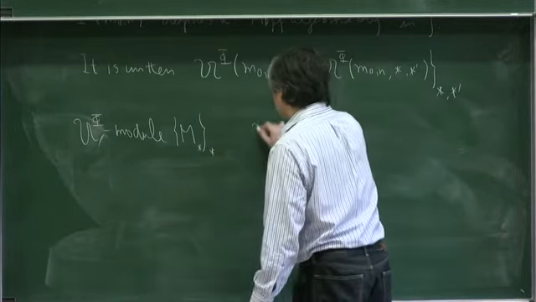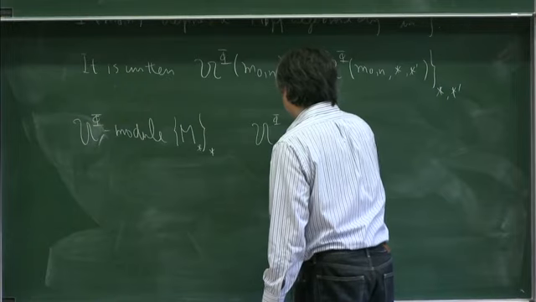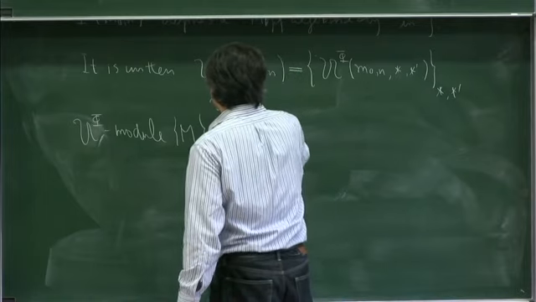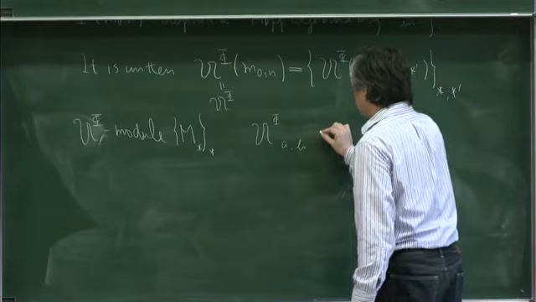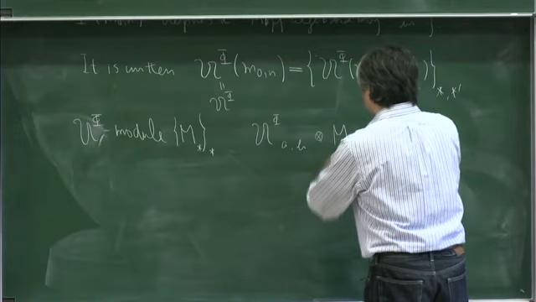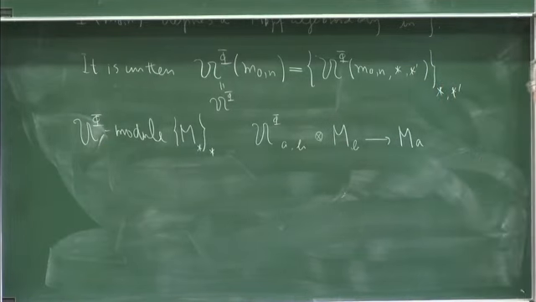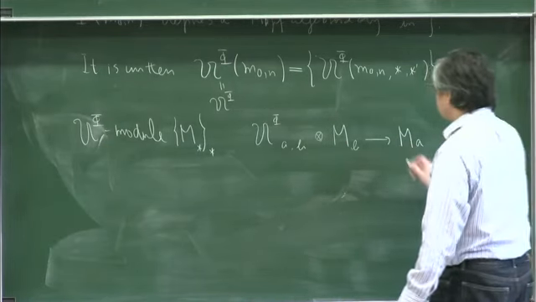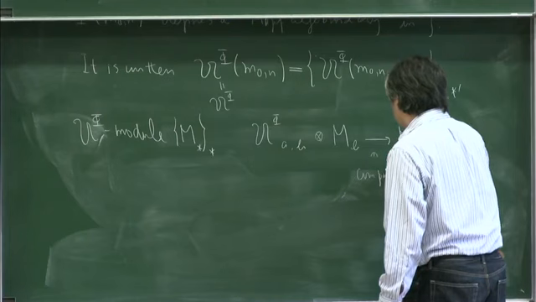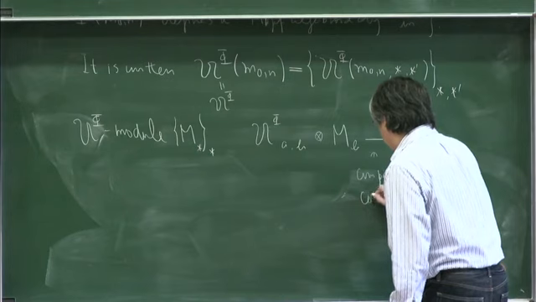So a U phi module means U phi AB tensor M to M, and this morphism is compatible with the comparison map.